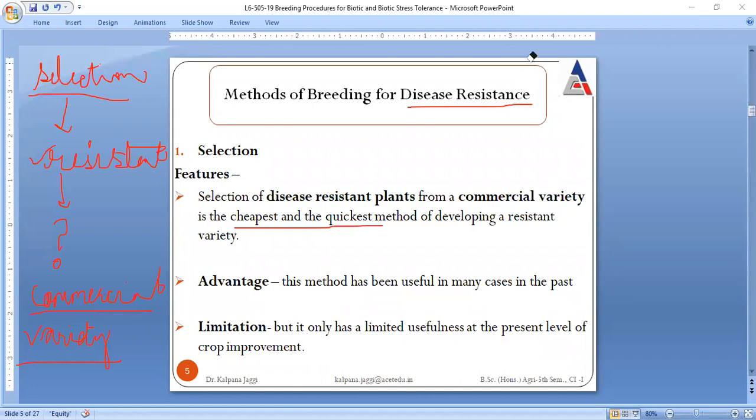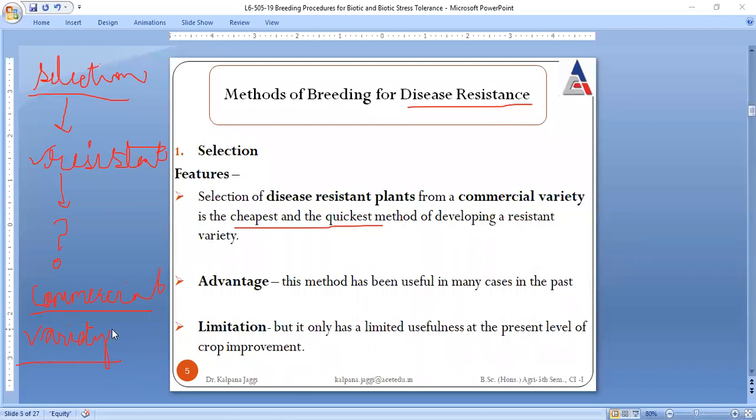The advantage is that this method has already been utilized in many cases in the past. But the limitation is that the commercial variety is one that is already being utilized, right?